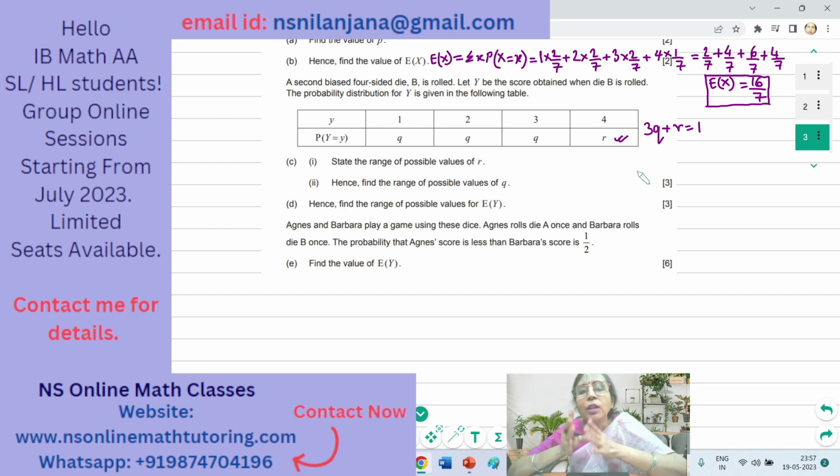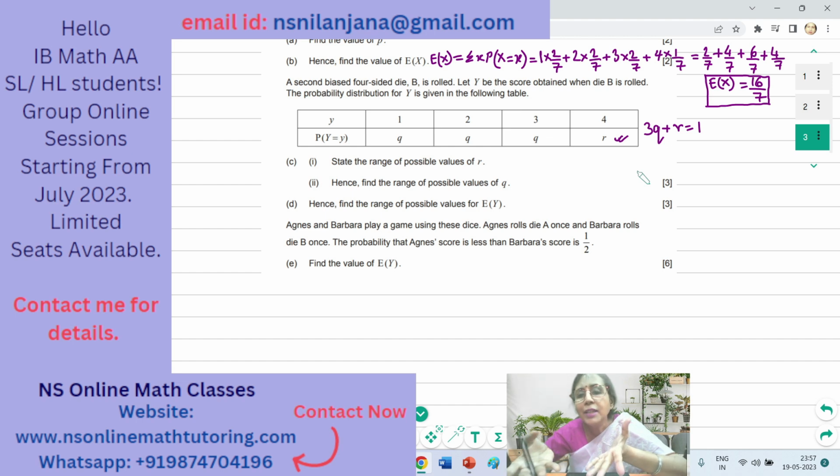So the R value is 1 every time. It can happen, because these are biased dice. So R can be any number between 0 and 1. We have tested the extremes.